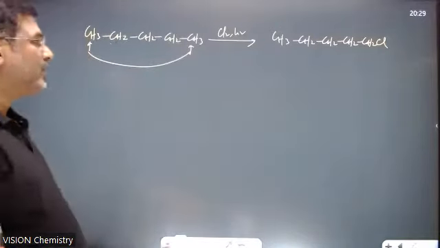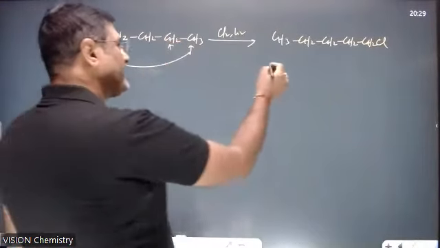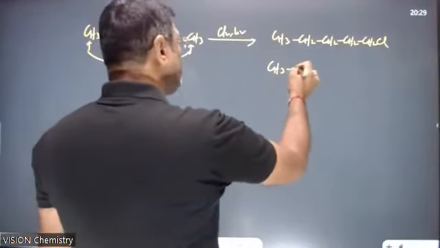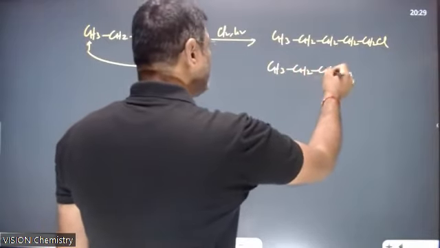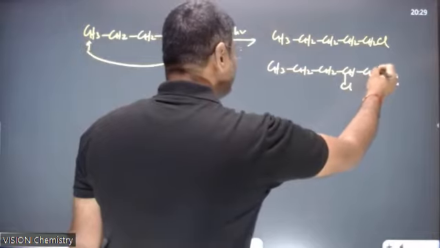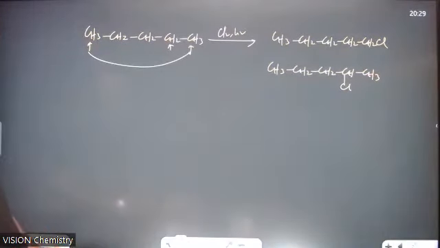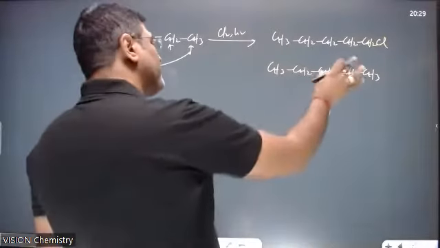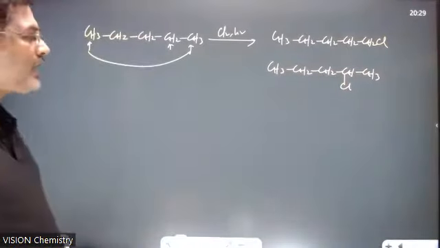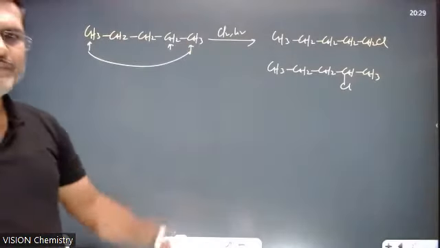Okay. Come to this one. When the reaction takes place here, we get CH3CH2CH2CHClCH3. In this case, this one is secondary. Can we say that all these secondary hydrogens will give the same one?